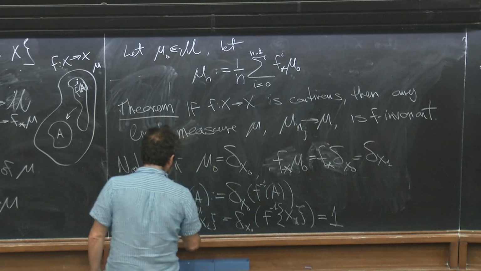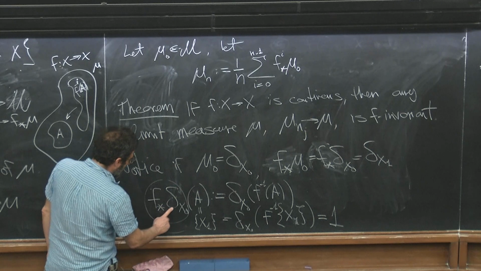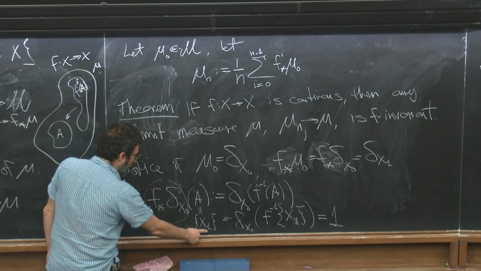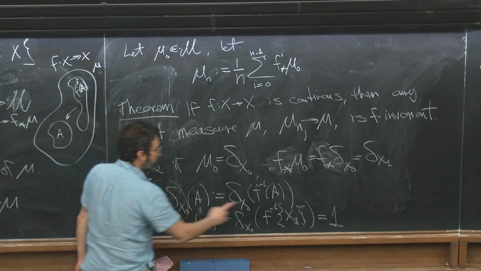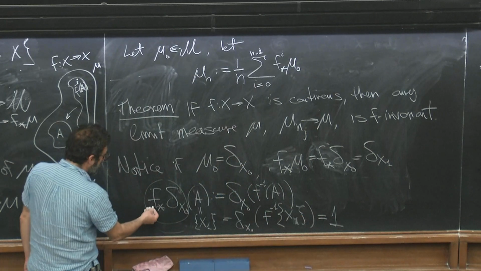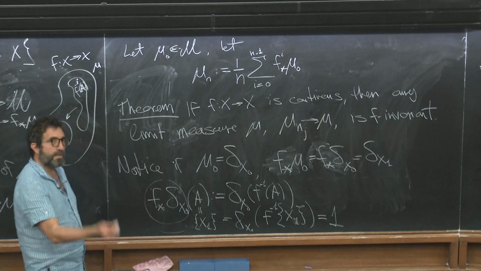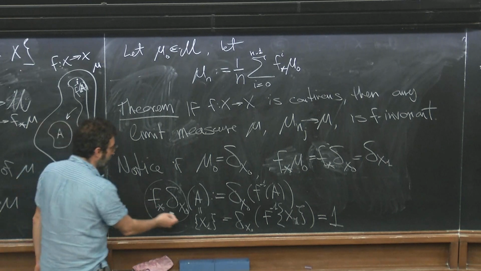So if we take f star of delta x0 and we take the measure of just a single point x1, it will be equal to 1. This means that f star of delta x0 is exactly the Dirac delta in x1.